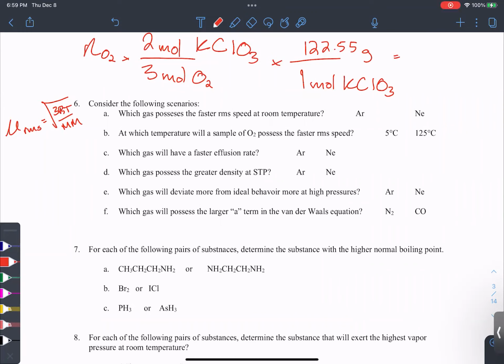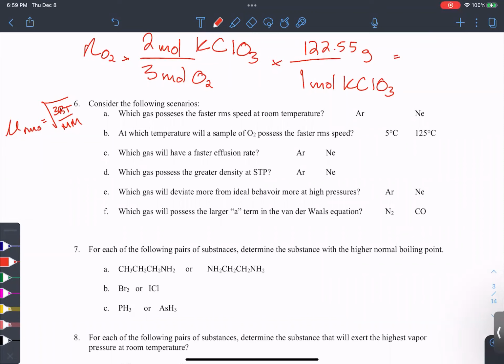Temperature is something I can measure. I can't really measure an average velocity very accurately because we have a Maxwell-Boltzmann distribution of particles. I would actually have to get a histogram in order to do that, and that's kind of difficult to do. But root mean squared velocity still gives us a comparison that we can use to compare different samples.